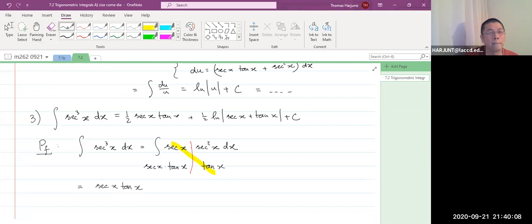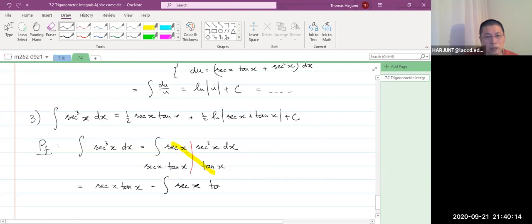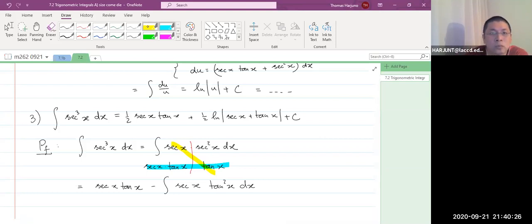Okay. Minus the integral of secant x tangent squared x dx. Horizontally, we keep the integral sign. Okay, that's the yellow.